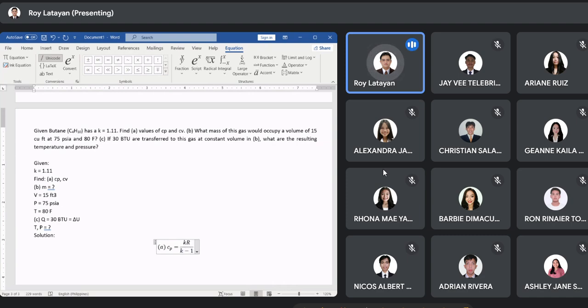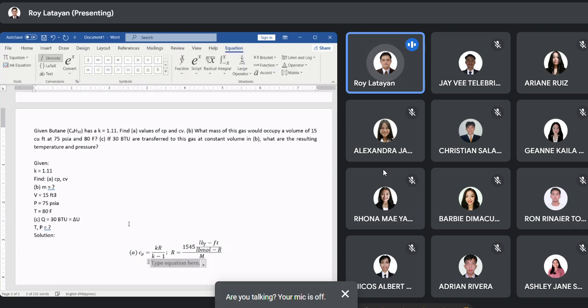So we have K but we don't have R. So ang value natin ng R for ito is 1545 foot pound force per pound mole Rankine divided by M. So we need to first get R given the butane.